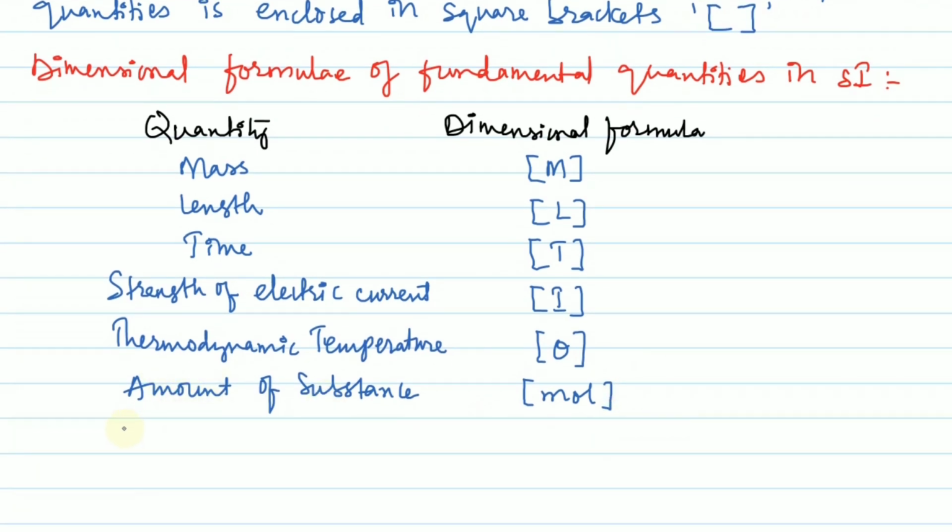Next is luminous intensity, its dimensional formula is cd. So these are the dimensional formulae of fundamental quantities in SI.